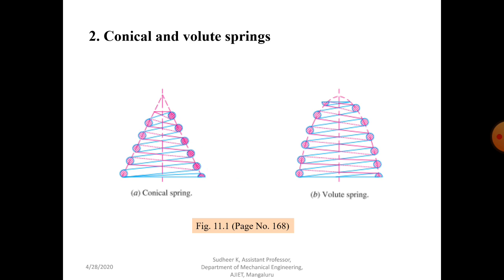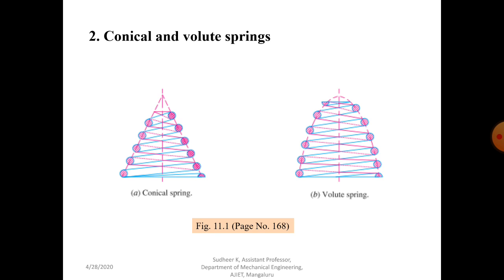That is one of the characteristics of these two types of spring. Both are almost the same; the only change is that a conical spring forms a cone shape, but a volute spring is paraboloid in nature. This is one type of spring that can be used in some special applications.